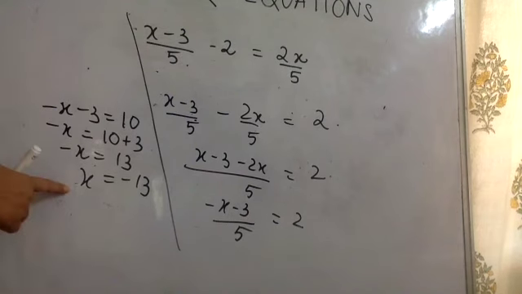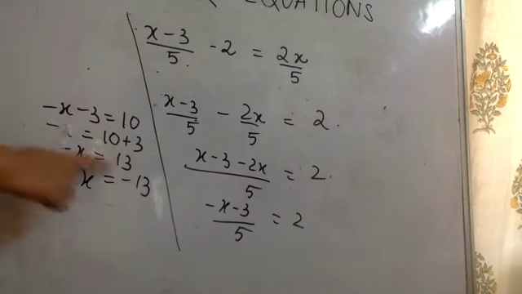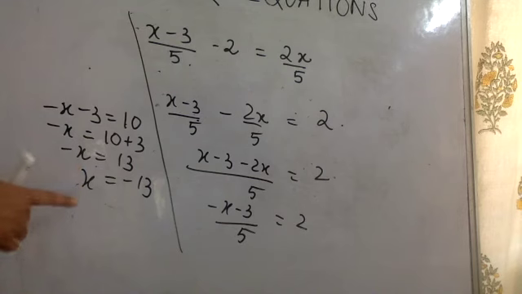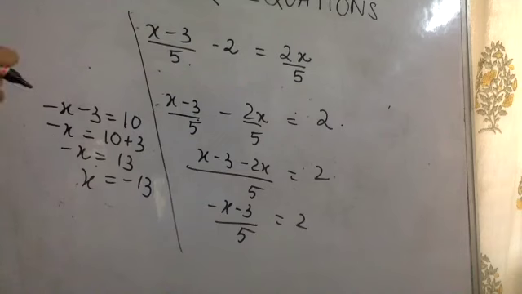Remember, your final answer should not give minus x is equal to something, rather it should give x is equal to something. So in order to do that, we did x is equal to minus 13. So that is our final answer.